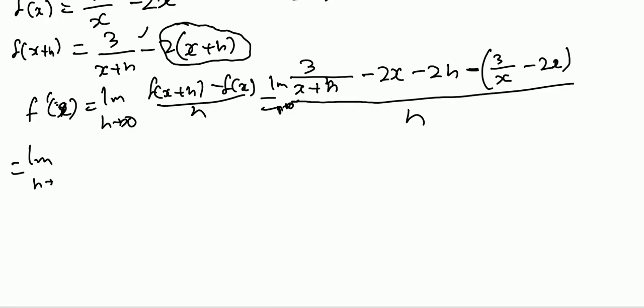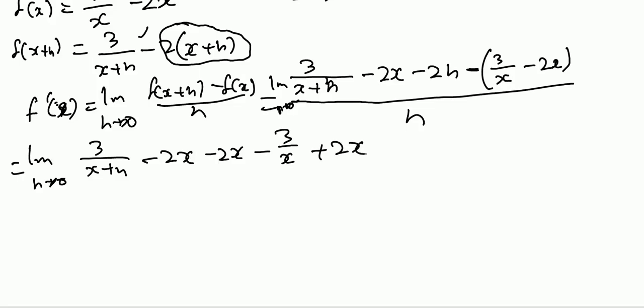Limit as h approaches 0 of 3 over x plus h minus 2x minus 2h minus 3 over x plus 2x all over h. Then this negative 2x and positive 2x, sorry, we must have h. This is h. Yes. This negative 2x and positive 2x, they cancel.